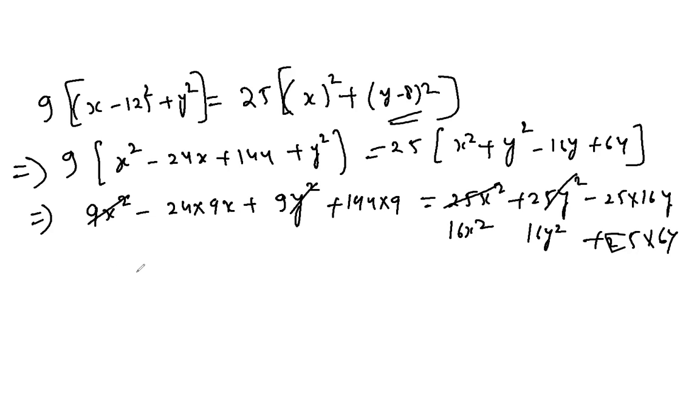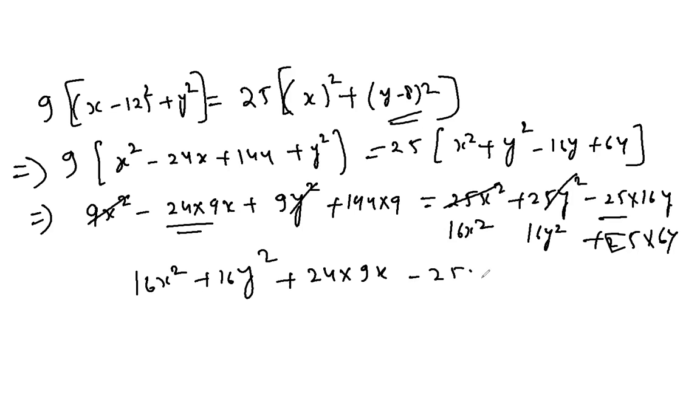So in the left hand side we have 16x square plus 16y square, and then the number in the right hand side will be positive 24 into 9 into x, and minus 25 into 16y, then plus 25 into 64, and minus 144 into 9 will go in the left hand side. So this is the first equation. Now let's start with the second equation.